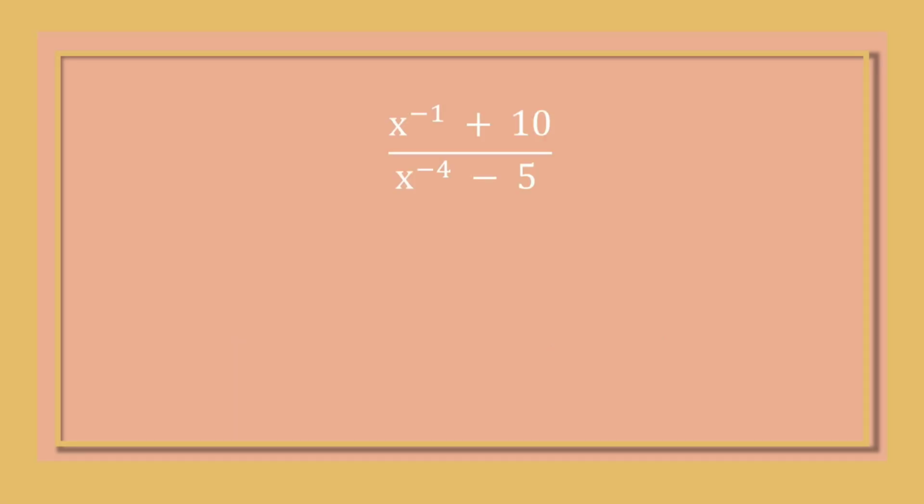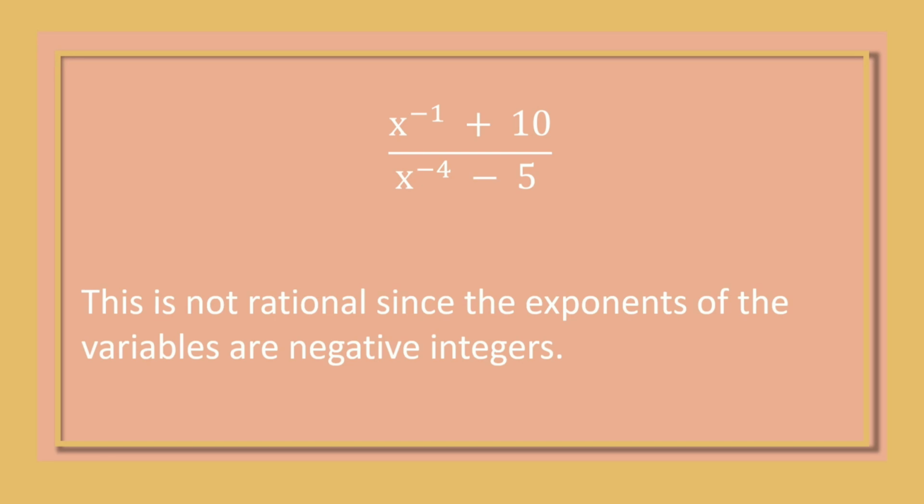How about this? x raised to the power of negative 1 plus 10 divided by x to the power of negative 4 minus 5. Yes, this is not rational since the exponents of the variables are negative integers.